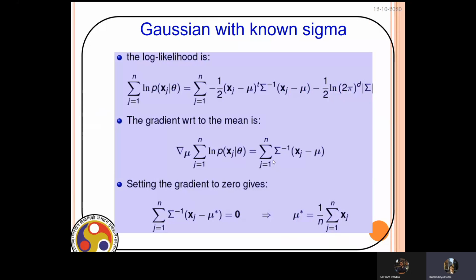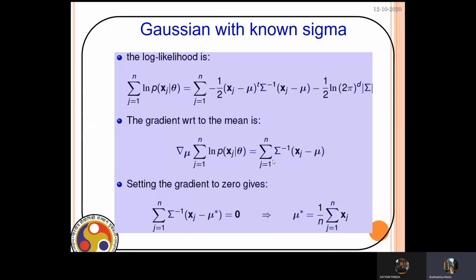So what you do is first you form the likelihood function, and since it's a product, it becomes easier if you work with the log likelihood. Take logarithm on both the sides, because then your product function simplifies to a summation function. Then take the gradient, or basically derivatives, with respect to mu.